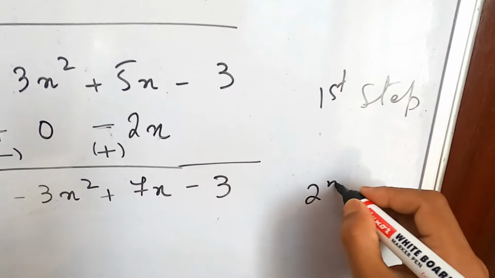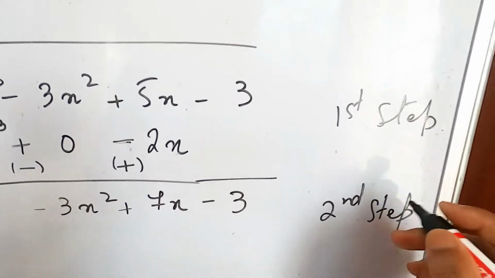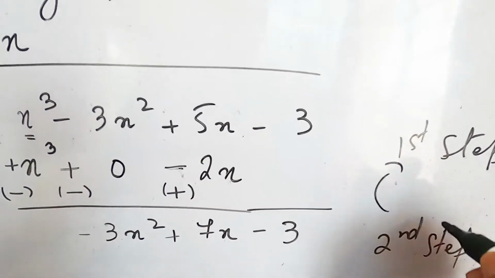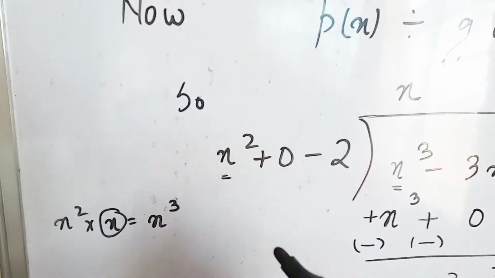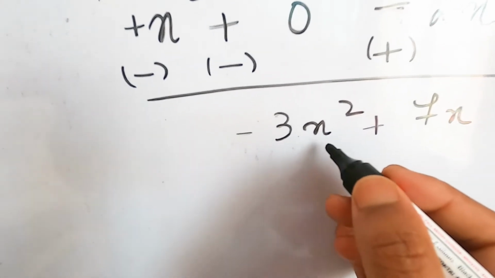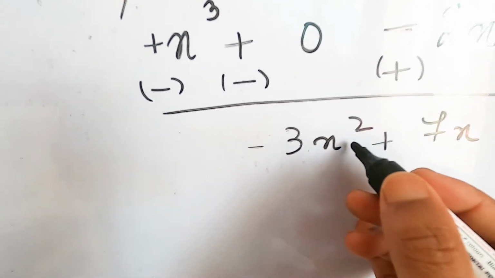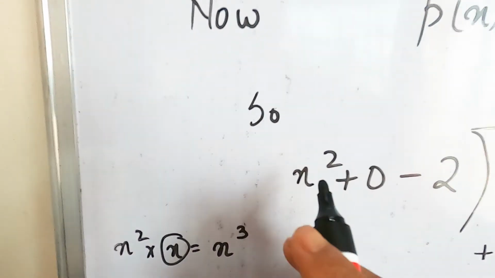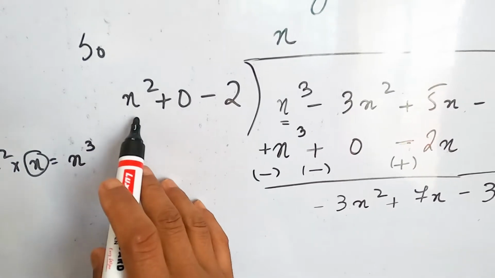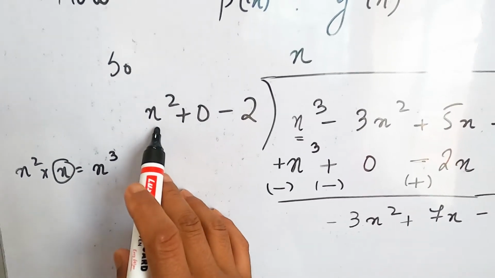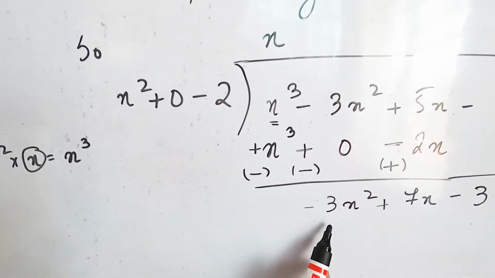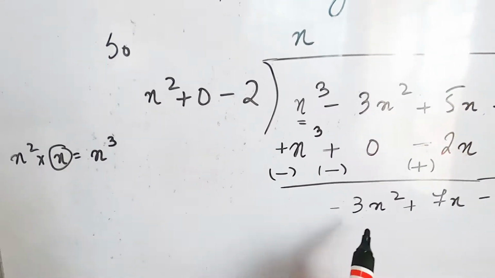Now the second step is exactly the same as the first step, so we just have to repeat the first step. In this case we have minus 3x to the power square. So x square we have to multiply in such a way that after multiplying x square with that number, we will get minus 3x square.